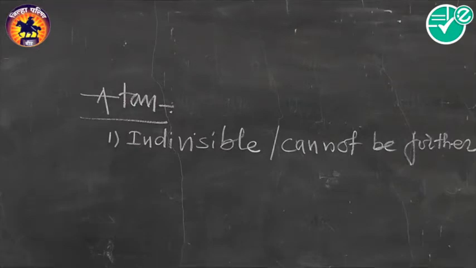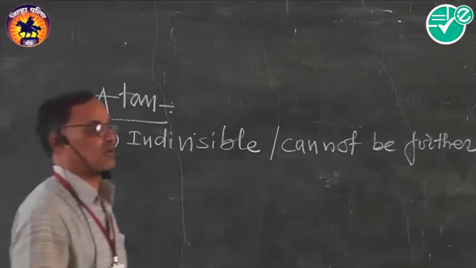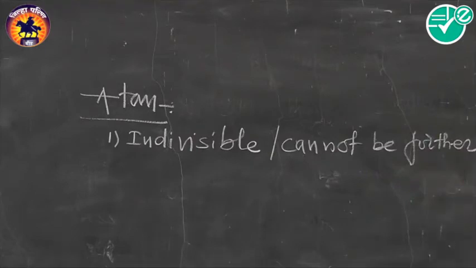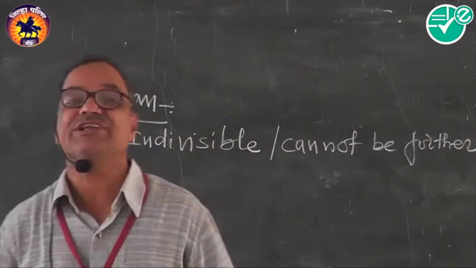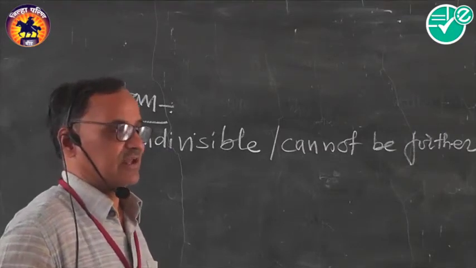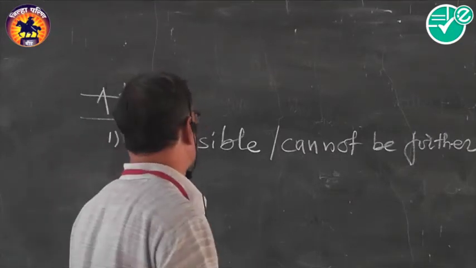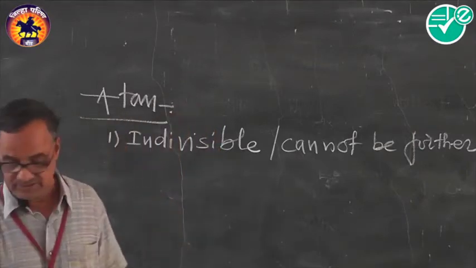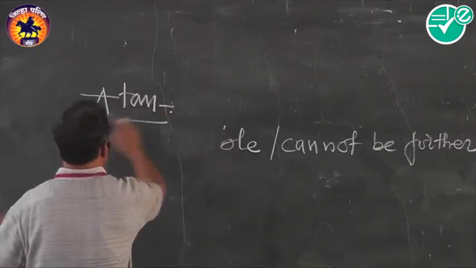So atom is the smallest particle of an element. It cannot be further subdivided by any chemical method. The first point regarding atom, it is the smallest particle of an element. Second point, atom is indivisible in nature. It cannot be further subdivided by any chemical method. So these are the characters of atom.